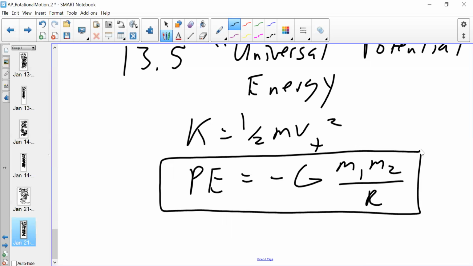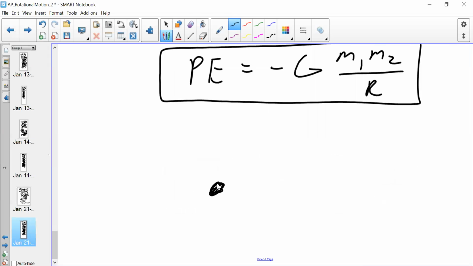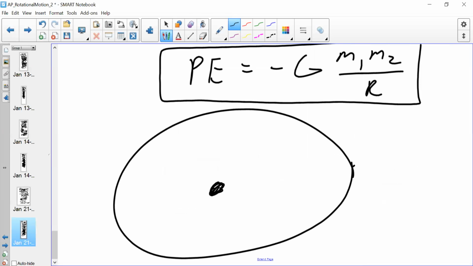Also, not only is this potential energy, so okay, you have any two masses, center of mass. This is a bound state. This is the energy of that system, Earth, sun, the potential to do some sort of work.